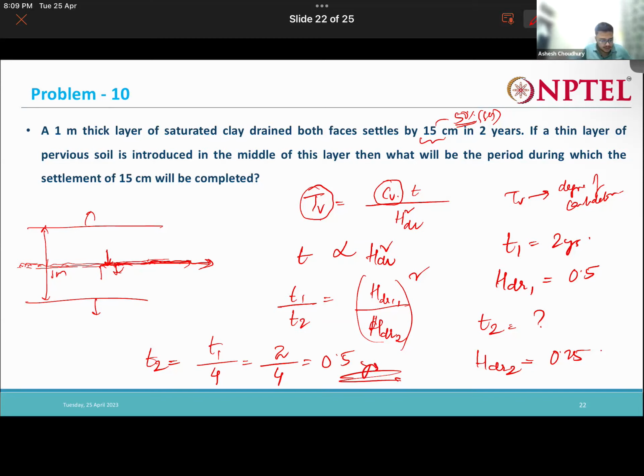Right? So by increasing the drainage, our time reduced from 2 years to 0.5 years. So that's why it's very important: in order to accelerate the process of consolidation, we need to increase the drainage. So if a layer is at the middle, then time reduced by 4 times. Yes, time reduced by 4 times.